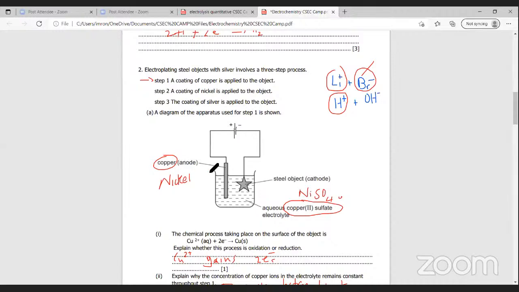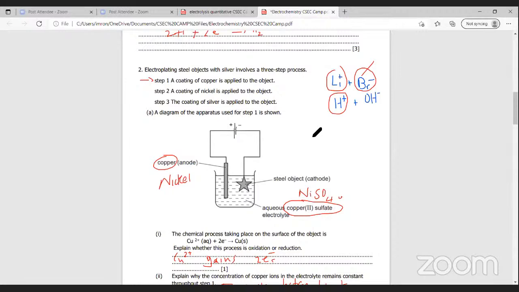The copper anode dissolves into the solution, and those ions go over and deposit on the steel cathode, which means that the cathode is also taking part because it's changing as well. The electrodes actually change their nature as the reaction goes on. So this is an example of an active electrode.